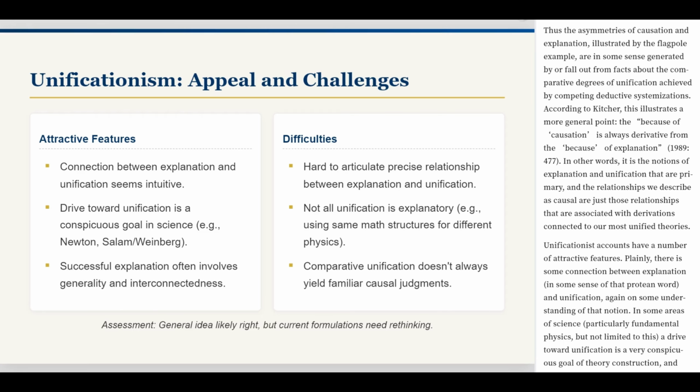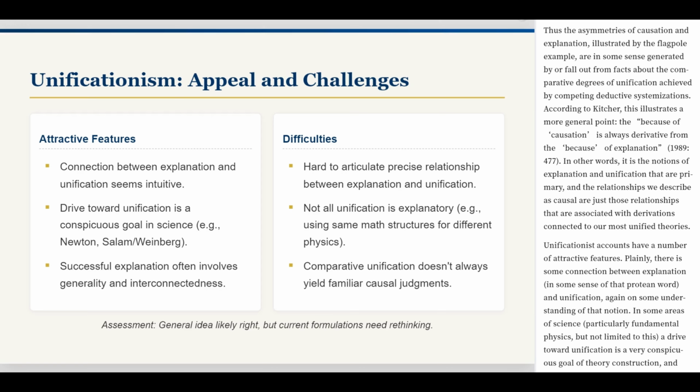One big issue is that not all forms of unification seem explanatory. Morrison pointed out that physicists use the same mathematical language, Hamiltonians, Lagrangians, to describe both mechanical systems and electrical circuits. This is a kind of unification, allowing derivations about both, but nobody thinks it provides a unified explanation of mechanics and electricity.